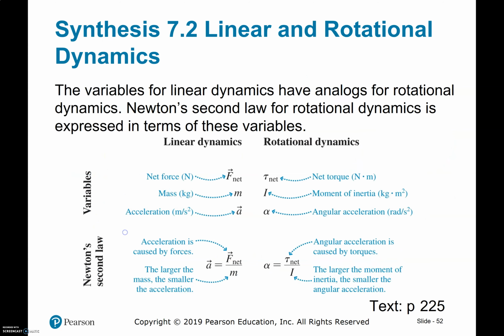So we can now write a synthesis for our Newton's second law for rotation. Remember that we have F net equals m a, that's Newton's second law. And for rotation, we would have net torque equals I alpha.